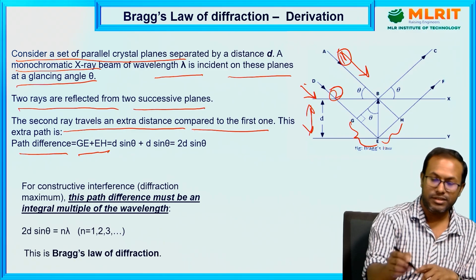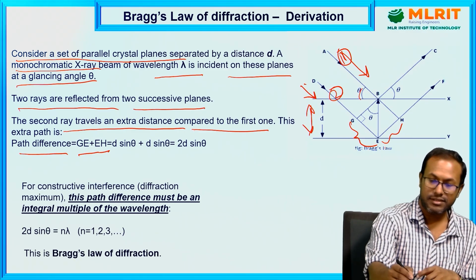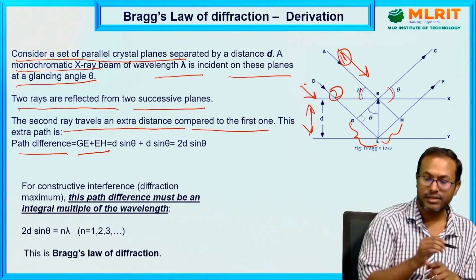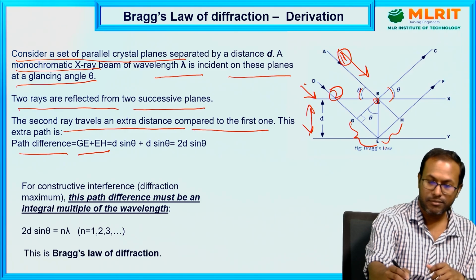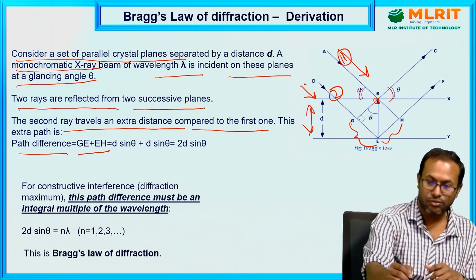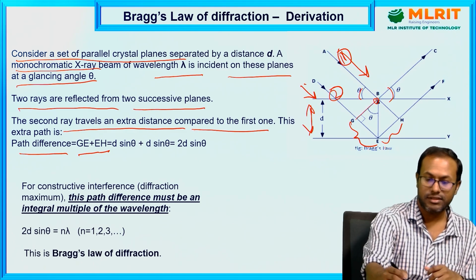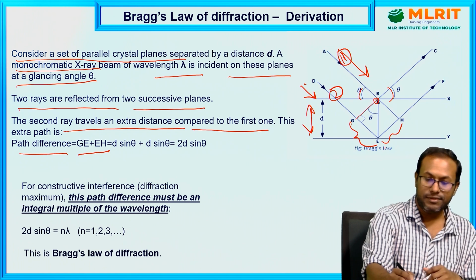Okay, so from the geometry we can say if this is theta, that one will also be theta, and since this is perpendicular, if we draw a perpendicular from this point B onto ray 2, that perpendicular is BG. So if it is 90 degrees, then this will also be theta.